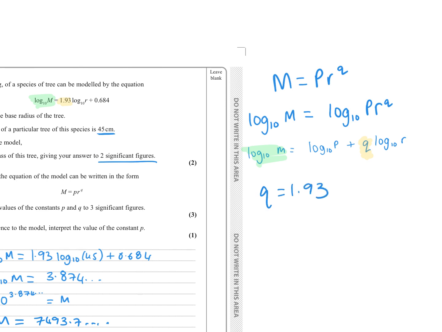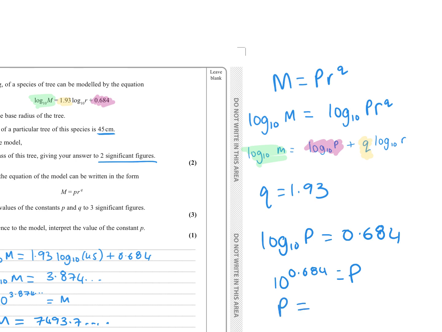And then we can see from here that 0.684 must equal log 10 of p. So log 10 of p equals 0.684. So 10 to the power of 0.684 equals p. So p equals 4.83. Nice and simple.